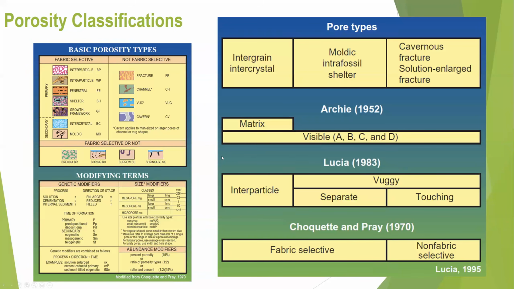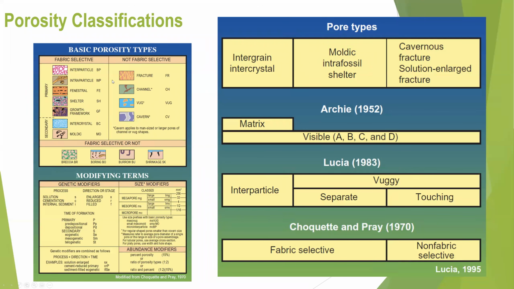Okay, so let's look at the types of porosity. The types of porosity for carbonate rocks, or the classification of porosity, are different. Most sedimentologists, or carbonate sedimentologists, use this type of classification.